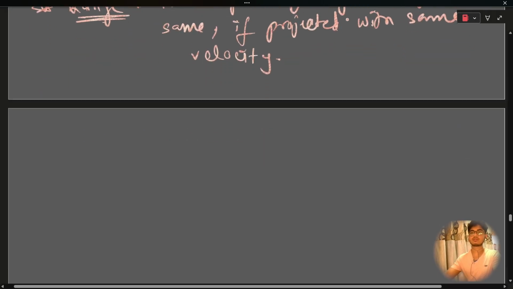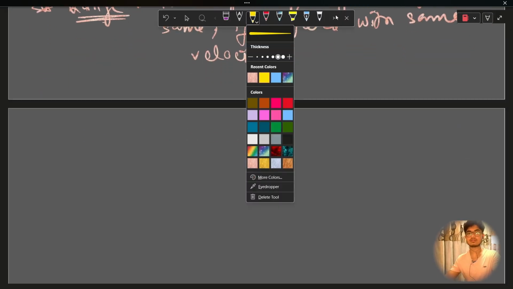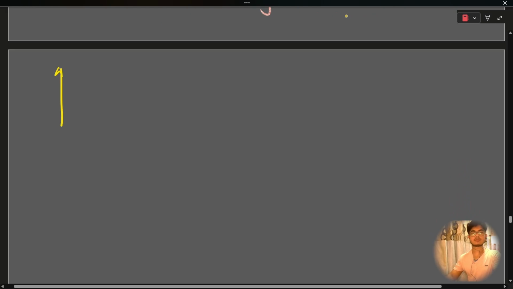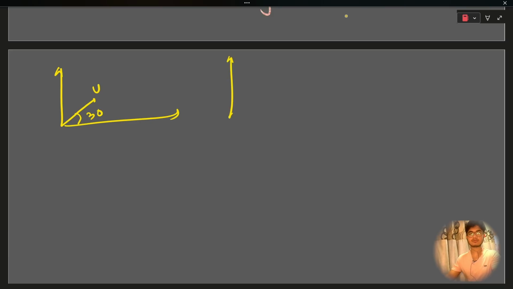Okay, I'll explain this. Suppose it's launched with u with 30-degree, and another projectile, this is projectile 1, this is projectile 2, another projectile is launched with 60-degree.